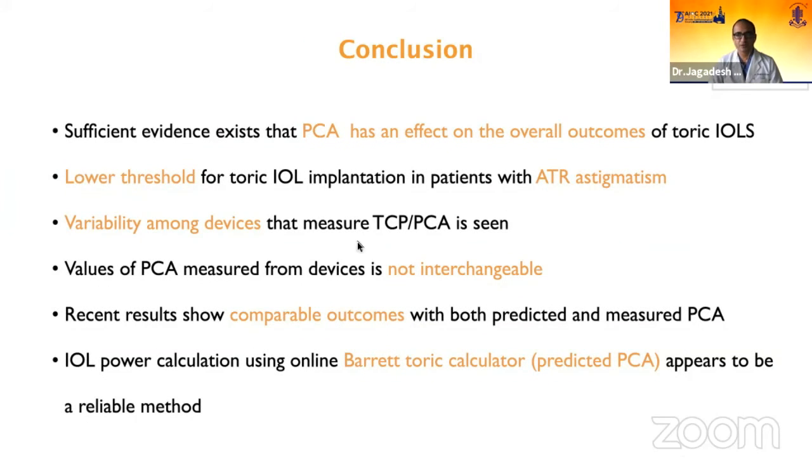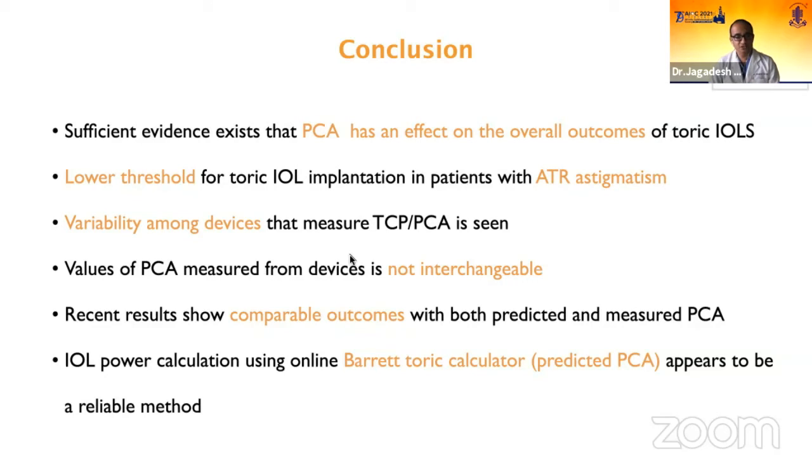In a nutshell, we do agree at this point in time that posterior corneal astigmatism has an effect on the overall outcomes of toric IOLs. I think your threshold should be lower for toric IOL implantation in patients with against-the-rule astigmatism. There's variability among devices that measure the posterior corneal astigmatism, and these values from the devices cannot be interchanged at this point in time, and we need more data if we want to use these devices from one across to the other.